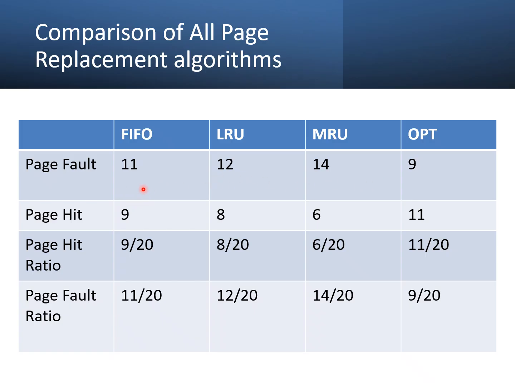Here, the page faults for FIFO are 11, LRU is 12, and the most recently used algorithm is 14, and the optimal gives a smaller number of page faults. For page hits, FIFO is 9, LRU is 8, MRU is 6, and the optimal page replacement algorithm gives 11 page hits, and the page hit ratio will be calculated accordingly for FIFO, LRU, MRU and optimal page replacement.